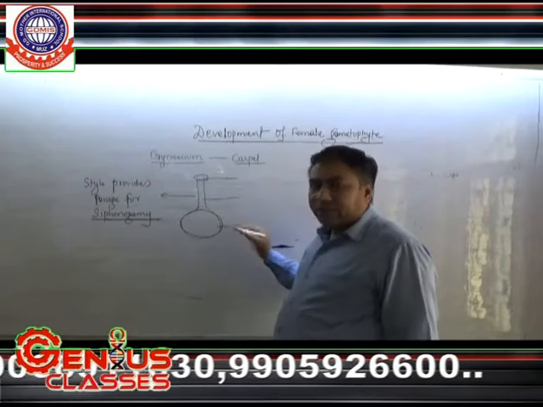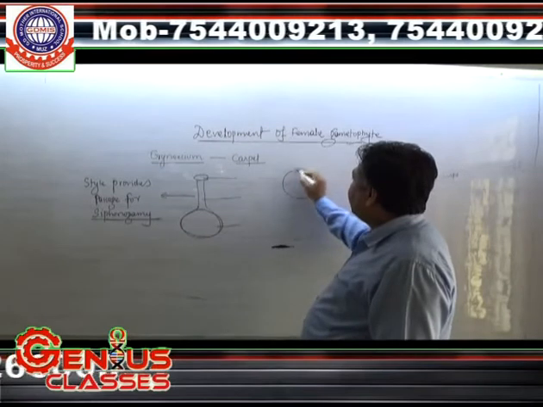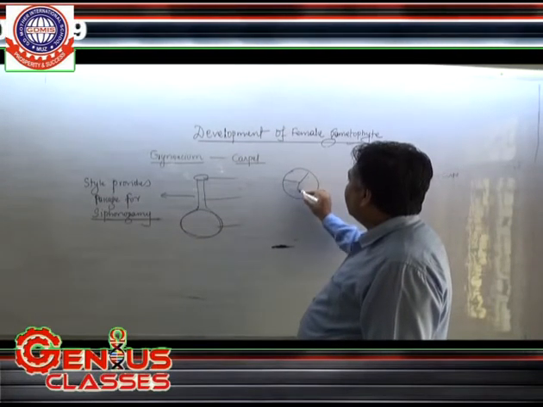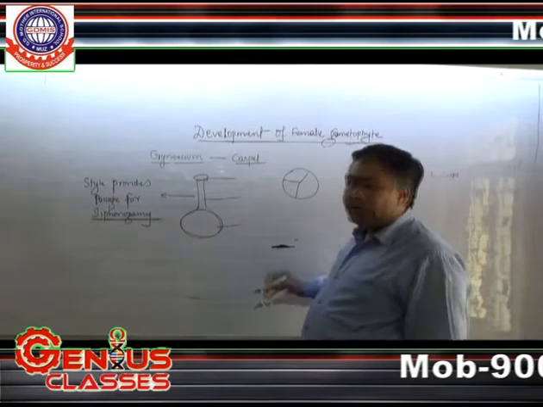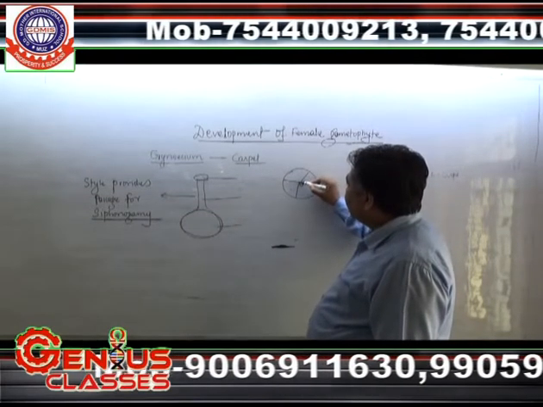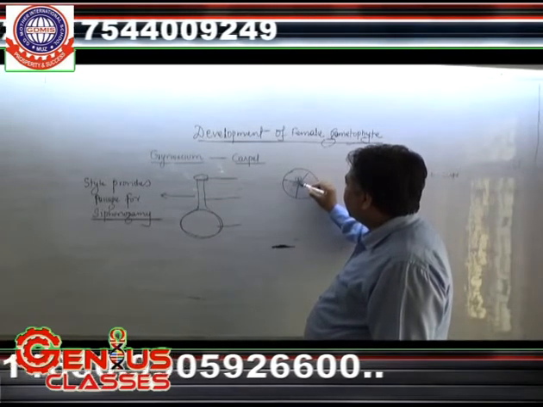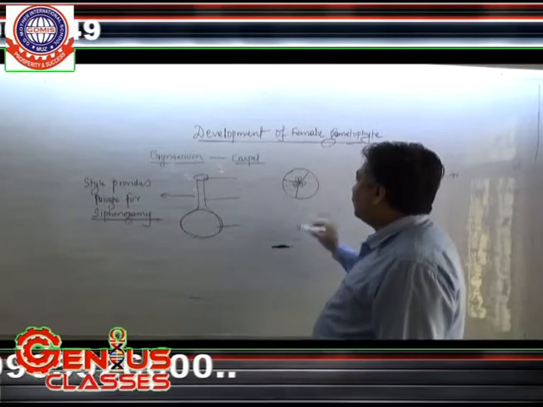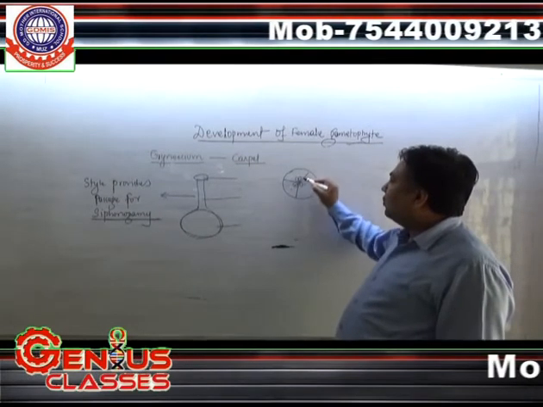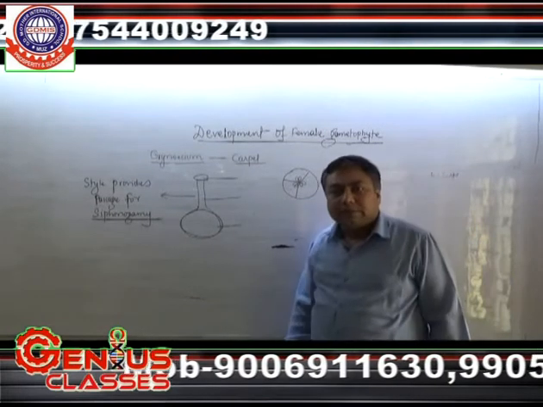When we make a section of the ovary, if it is axially placental, this is a trilocular ovary, and ovules may be arranged in it in such a way. So this is called axial placentation. If the ovules are arranged towards the periphery, it is known as parietal placentation.